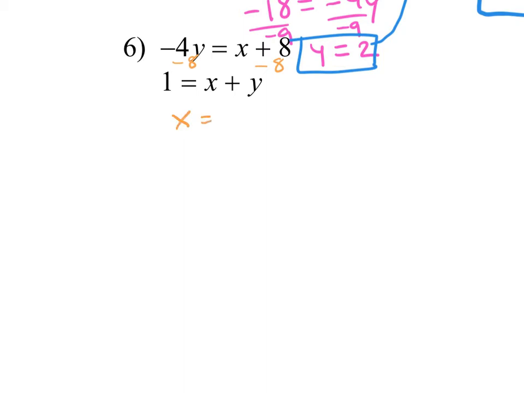So we got x is equal to negative 4y minus 8. What do we do with this? Plug it into the next problem. Perfect. We take it and plug it in for x. So we have 1 is equal to negative 4y minus 8 plus y. What do we do now?